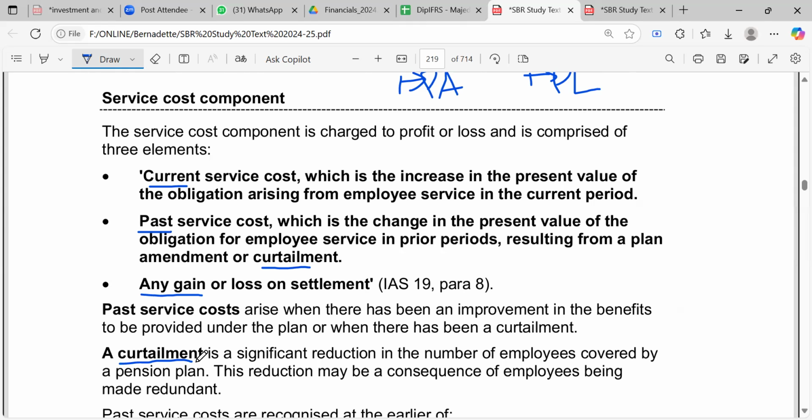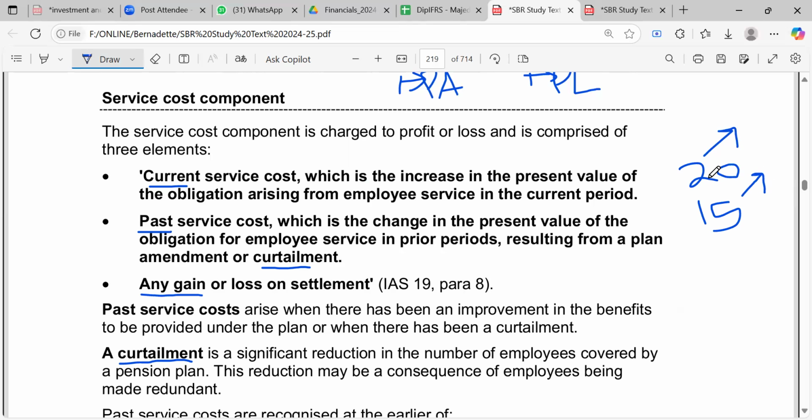So that's why I say this reduction may be a consequence of employees being made redundant. Let's say you had 20 employees, and right now you only have 15. Probably we would have paid much more here than here, right? So you see that? By that, you have to account for that thing.